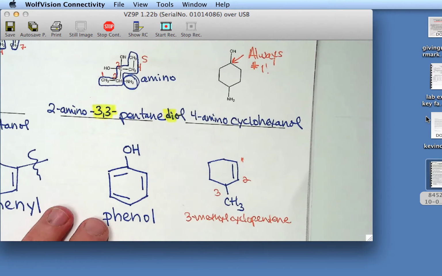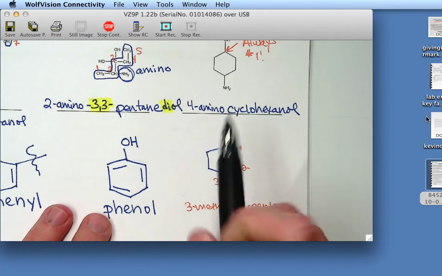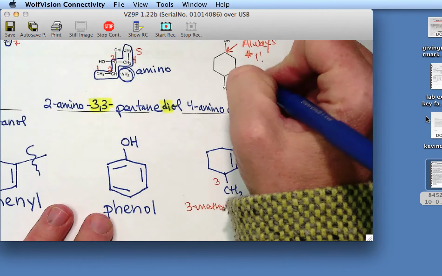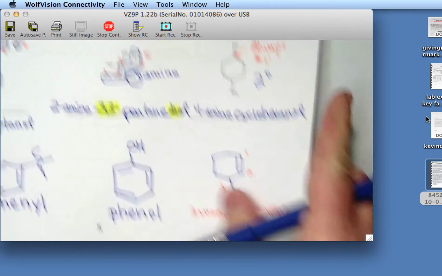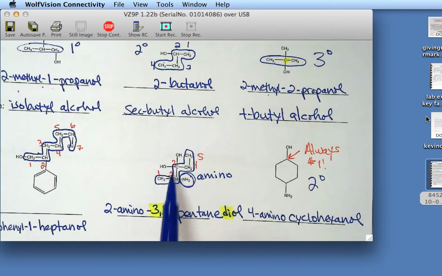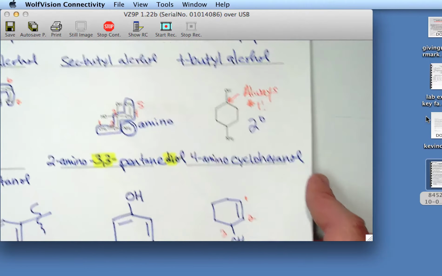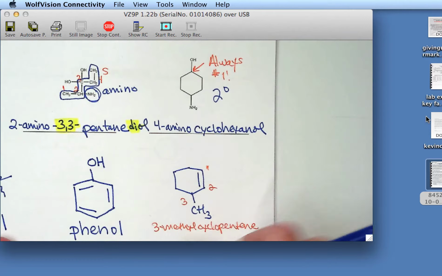Are the last 2 secondary? Secondary? Yes. And we don't worry about classifying diols. But on a long continuous chain, you always have to put like 1. Okay.